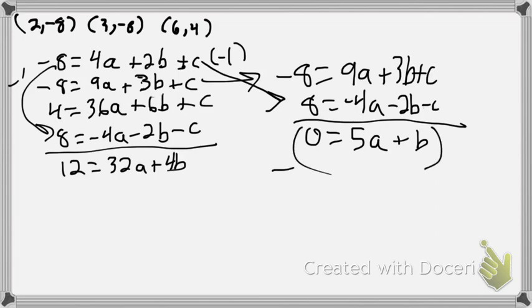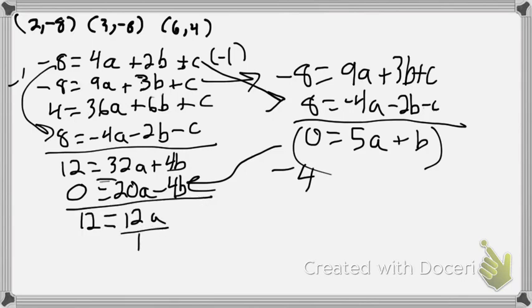And that gives me 12 equals 32a plus 4b. So I'm going to multiply that one by 4, and I get 0 equals 20a minus 4b. That's a negative 4 is actually what I'm multiplying it by. So I get negative 20a. So I get 12 equals 12a.